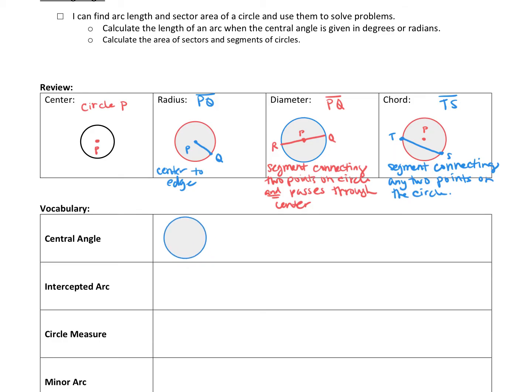So a central angle is going to, let's draw this out. Let's say we have center A and I draw out to, let's say, point P and out here to B. It's an angle formed by 2 radii.